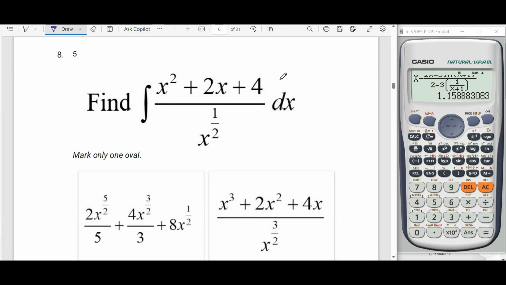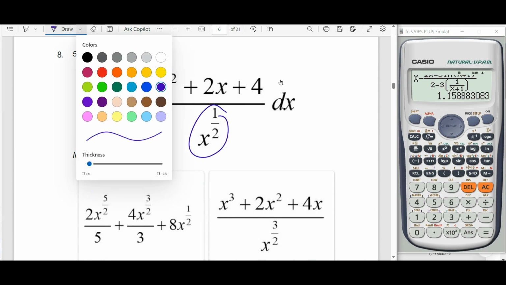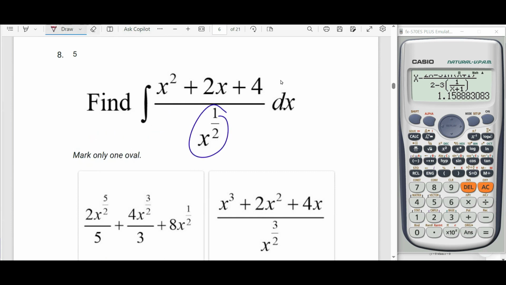Then find this integral. What can we do when the denominator only has one term? We can simplify this. So this is the integral of x squared divided by x to the power of 1 over 2, which means power of minus 1 over 2, plus 2x times x to the power of minus 1 over 2, plus 4x to the power of negative 1 over 2, dx.